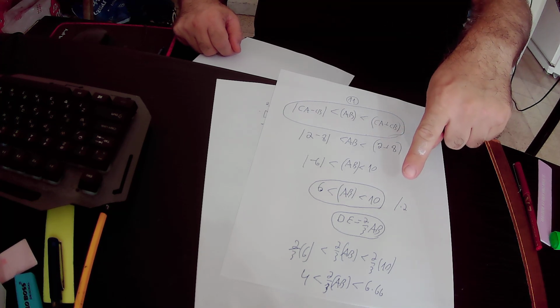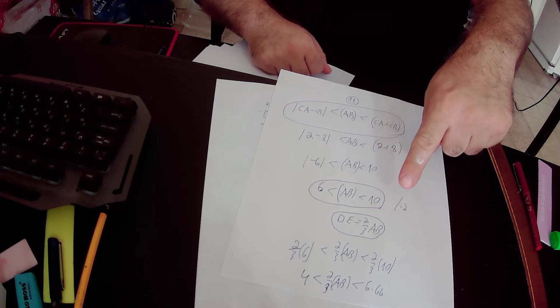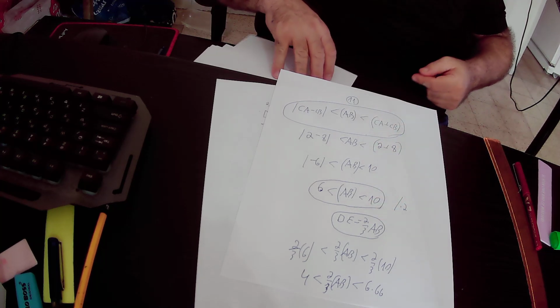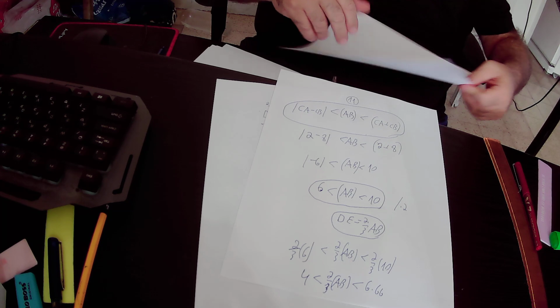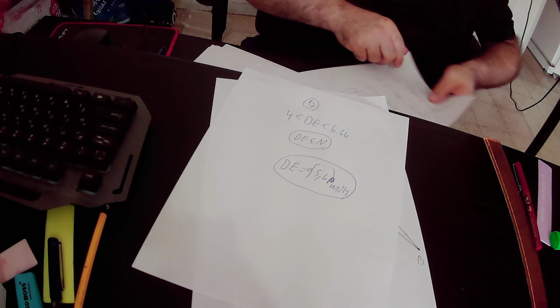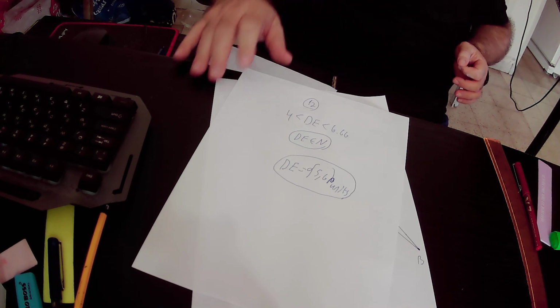And 2/3 times AB equals DE according to this equality. So we can substitute the value of 2/3 AB by DE, and we get that DE is greater than 4 and smaller than 6.66.